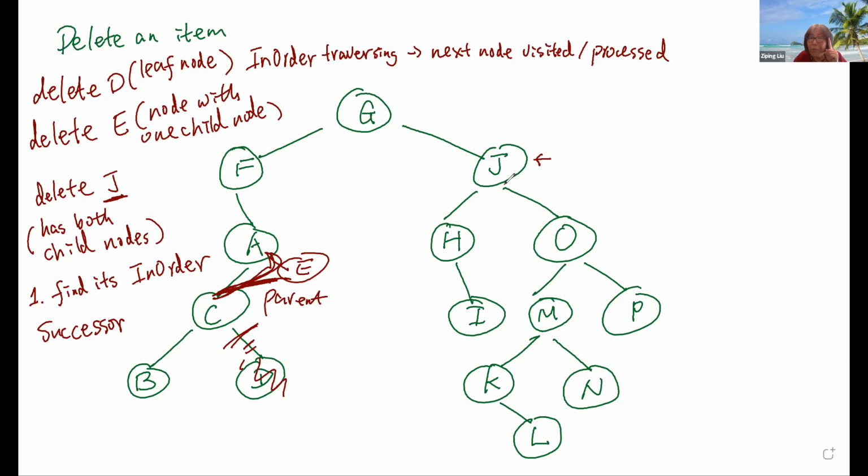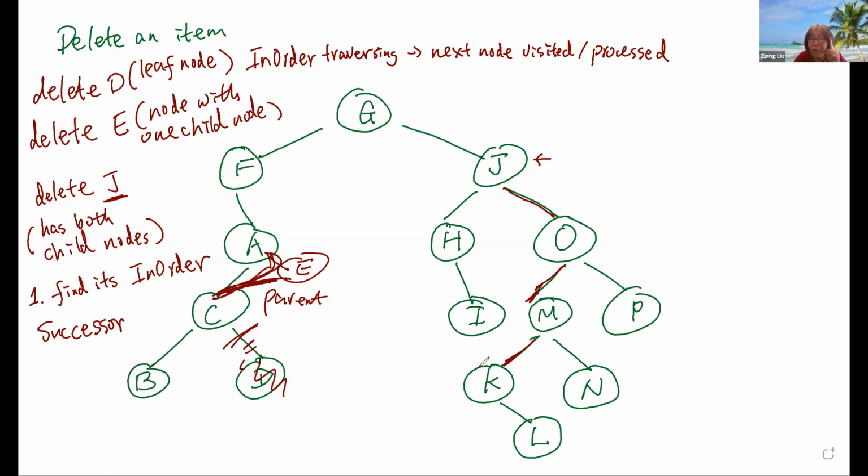Because it's the successor, you go to its right subtree. And in-order is what? It's left node, then right. So you go to its left, and the following, you go to its left.